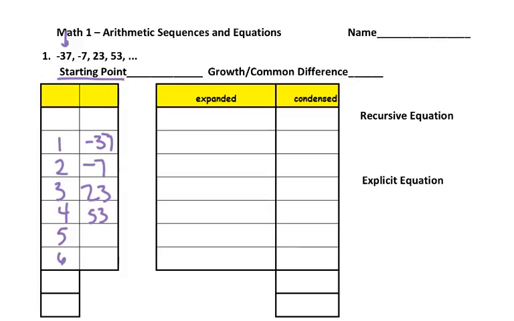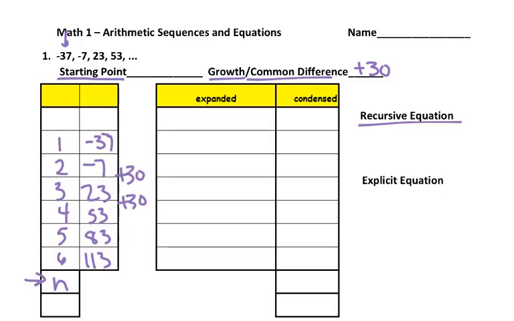What's our growth here? Well, it might be hard to see, but negative 7 to 23, we're actually adding 30. 23 to 53, we're adding 30. So that common difference, or our growth, is adding 30. So this would be 83, this would be 113.